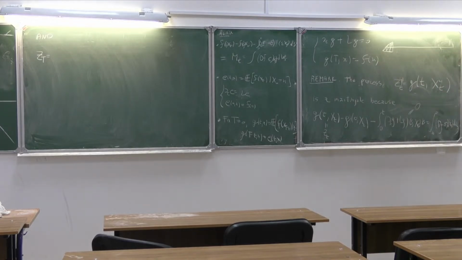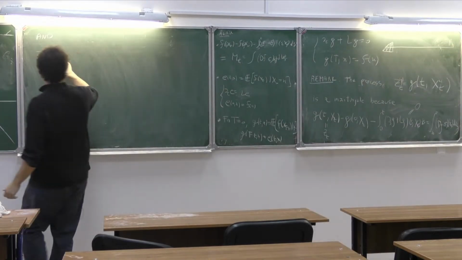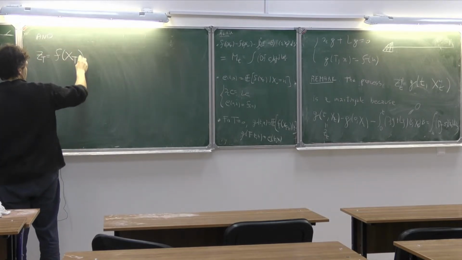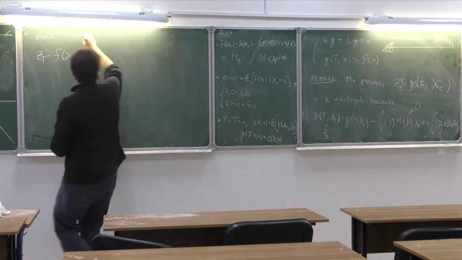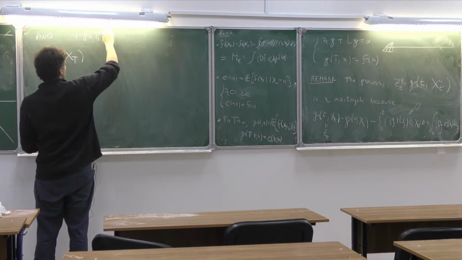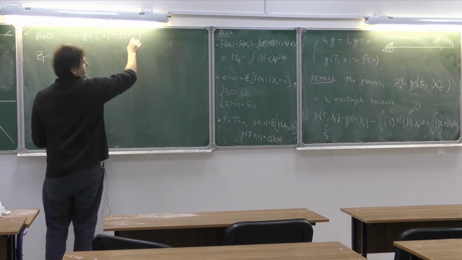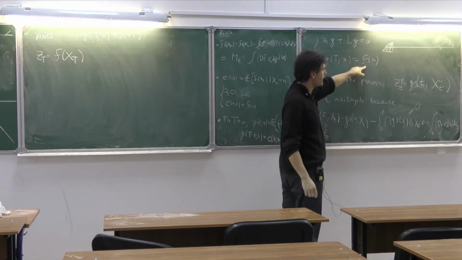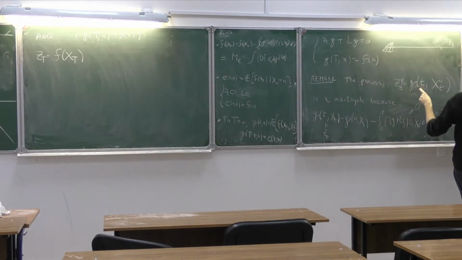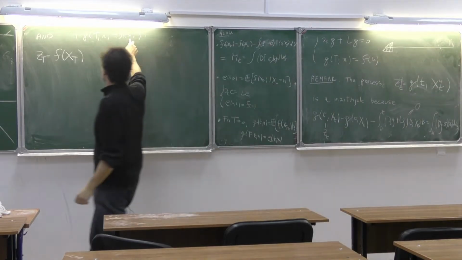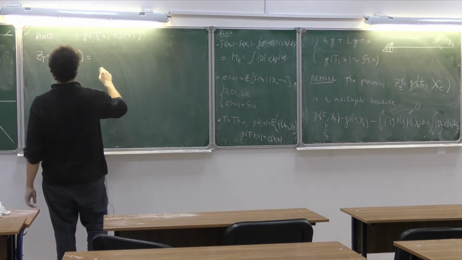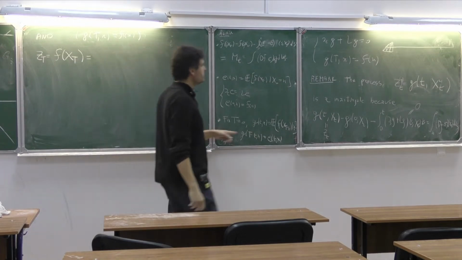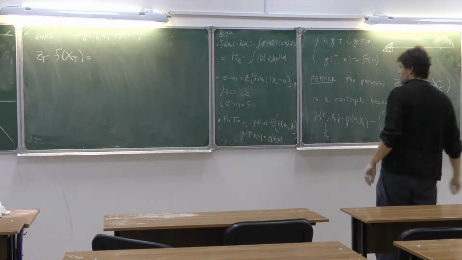So g of big T and x is f of x, from this definition we already remarked. So Z at big T is f of xt, which is equal to g of 0 and x0.